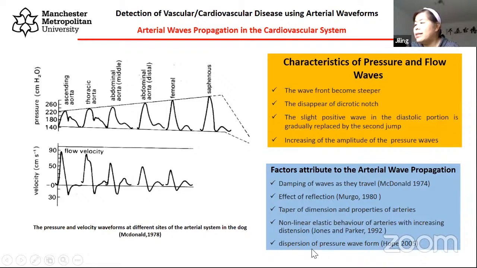Another reason is the dispersion of the pressure waveform. So many factors contribute to these characteristics of the pressure and velocity waveform. How can we extract the contribution of each factor on this waveform?